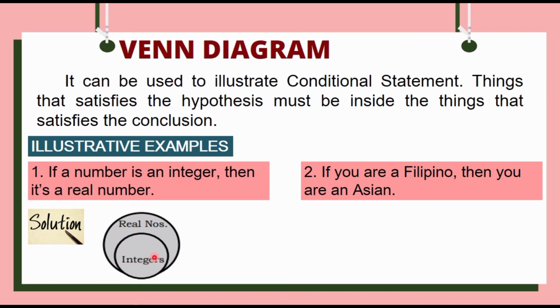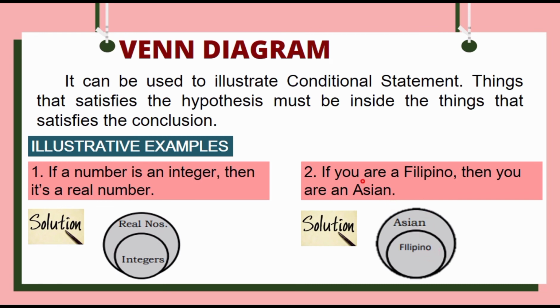Kung mapapansin nyo, ito yung Venn diagram natin, and dito yung integers, sakop siya ng real numbers, kasi if a number is an integer, then it is a real number. Okay, let us have example number 2. If you are a Filipino, then you are an Asian. Gagawa ulit tayo ng Venn diagram. That will be our solution.